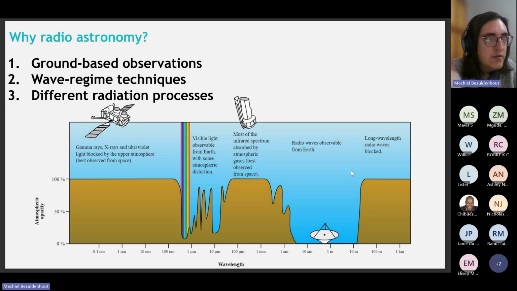Other non-thermal emission processes, synchrotron radiation, curvature radiation, masers, Compton scattering, all of them produce emission at different wavelengths. And so to get a complete picture of whatever object or region of the sky that we are observing, you have to cover as much as possible of the electromagnetic spectrum.